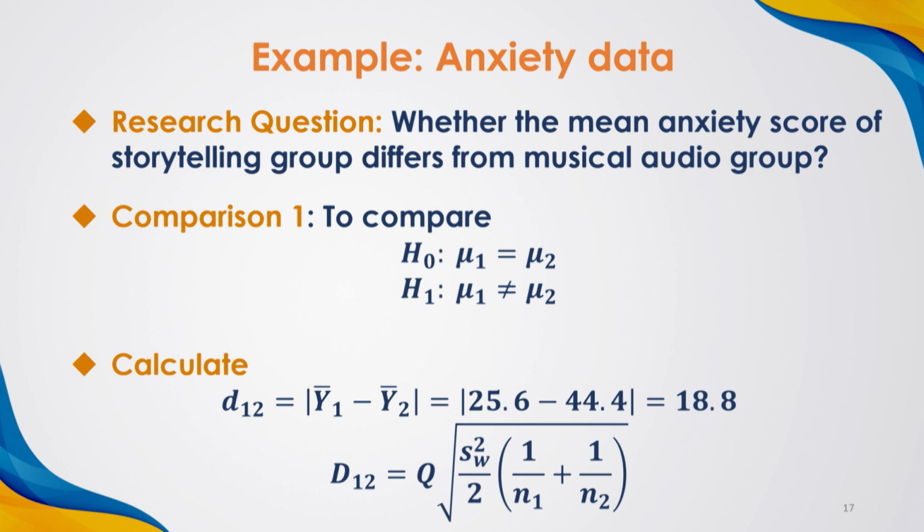Then we are going to find the critical value, Dij, which I mentioned earlier. Now it is D12 because we are comparing groups 1 and 2. D12 is equal to Q times the same formula, but we change the size of the first group and the size of the second group. Ni and Nj are the general representation for comparing any 2 groups.